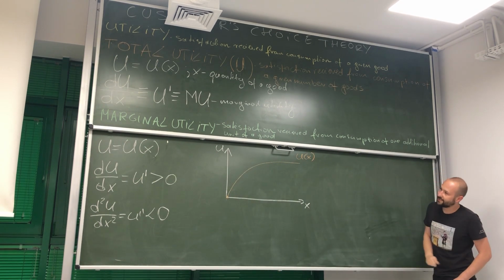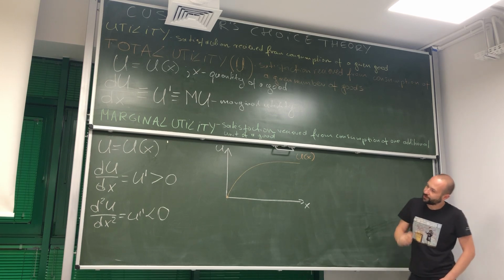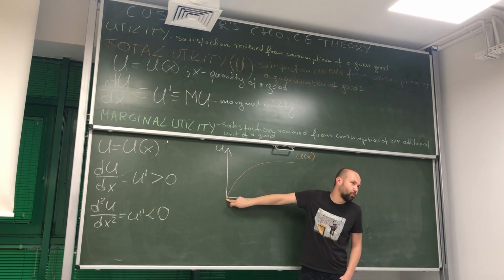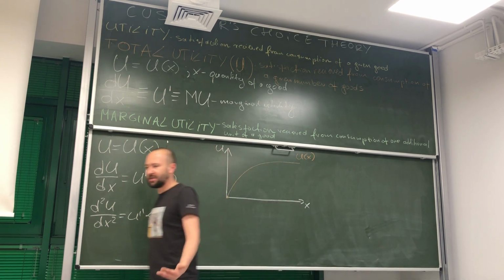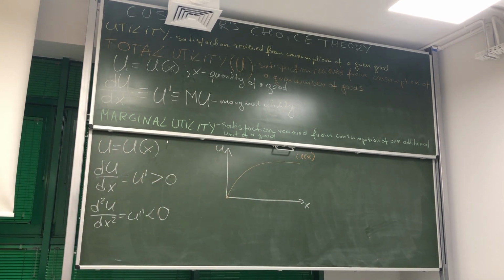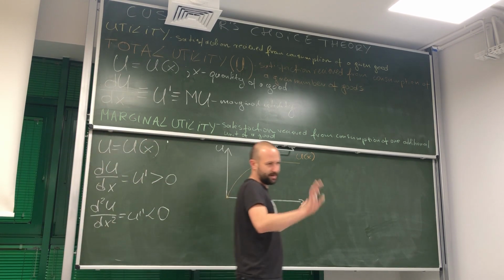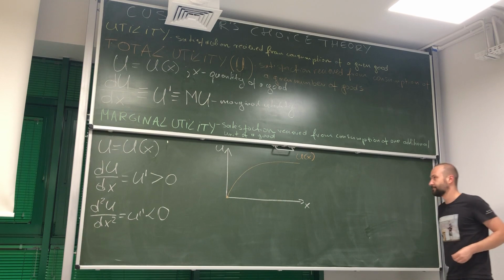Okay, why such a shape? Look, first we started at 0, right? We are assuming if you're not consuming, you're not getting any satisfaction out of consumption of this good. I think nobody's going to argue with this.